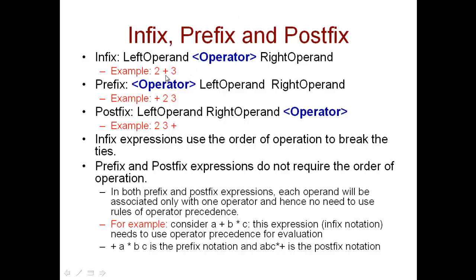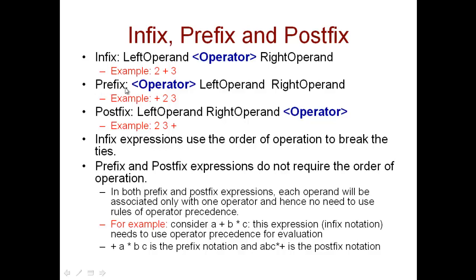So this plus here takes 2 arguments called operands. What appears to its left is called the left operand, and what appears to its right is called the right operand. So in an infix format, the operator appears in the middle, and you have the left operand and the right operand.